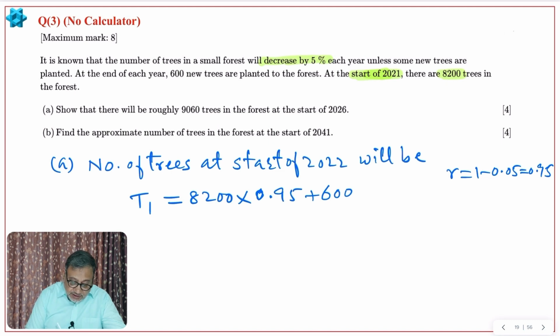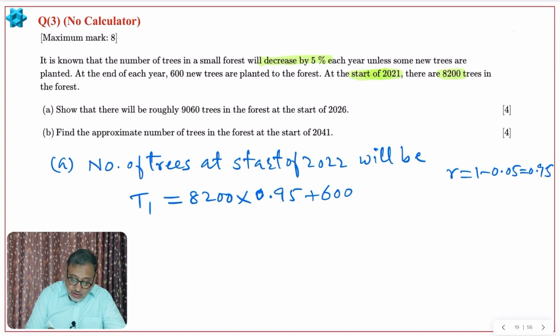Now the B part says, find the approximate number of trees in the forest at the start of, no, here we have to find 2026. Sorry, I have to find that also. At the start of 2026, how many trees will be there?